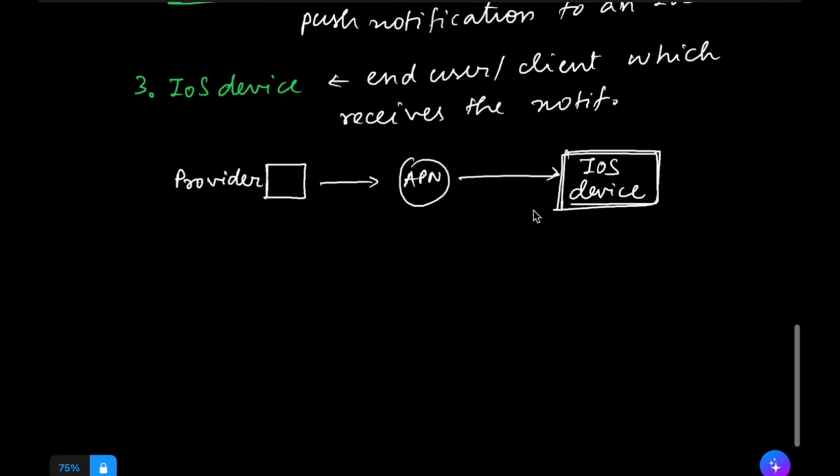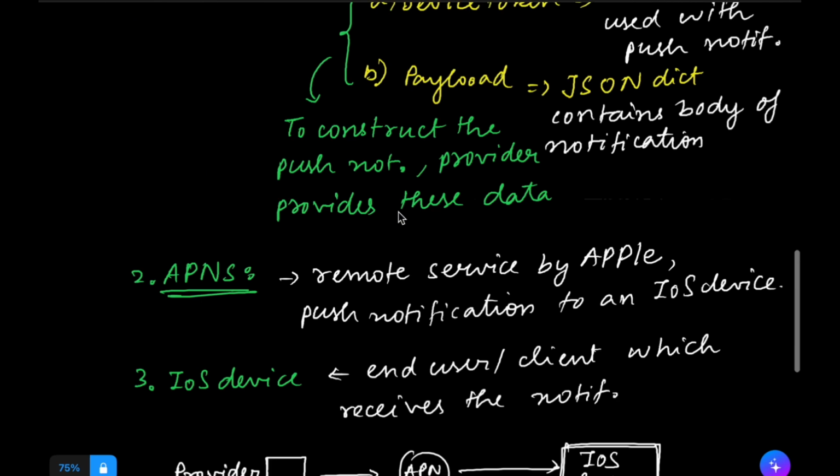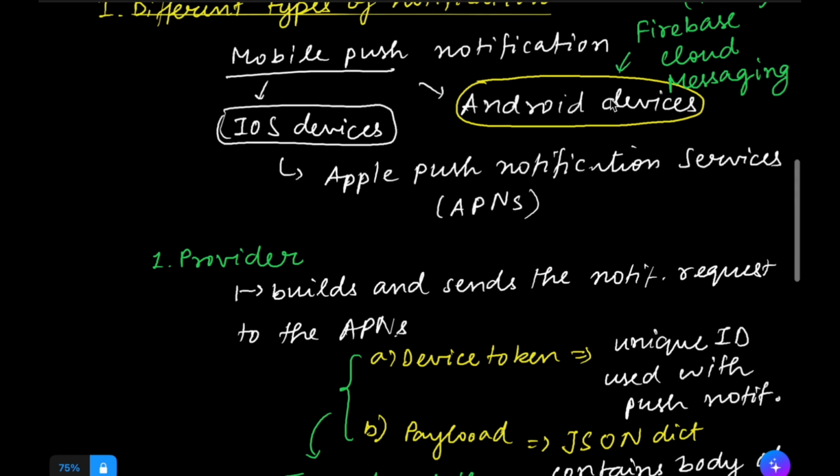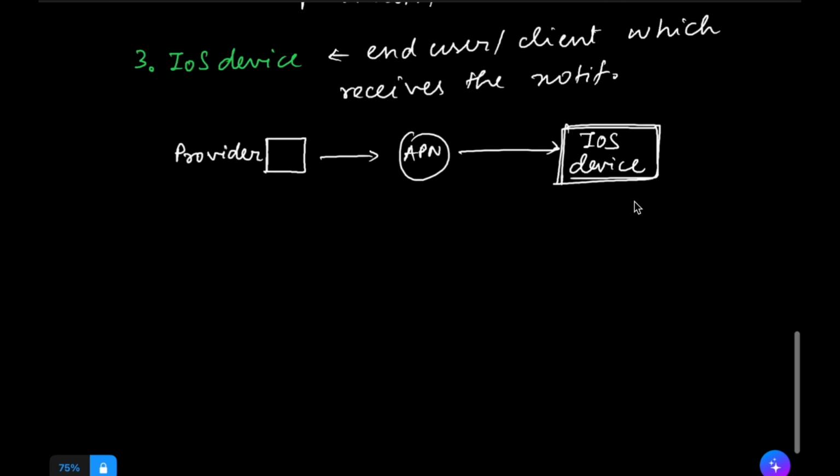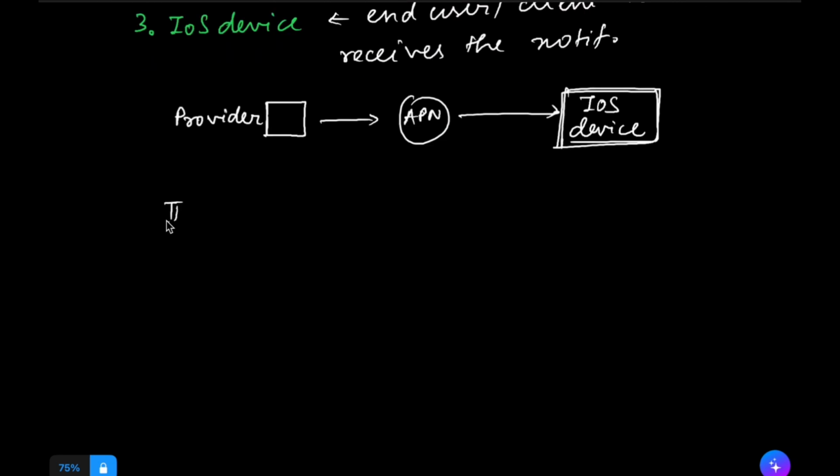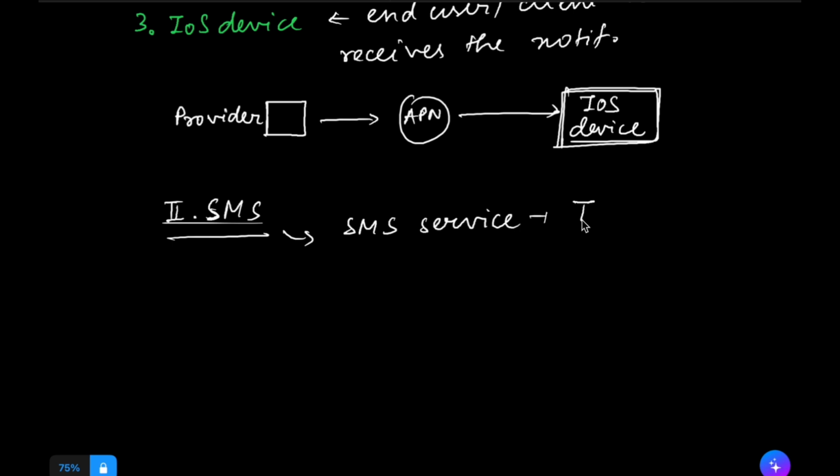We covered mobile push notification for both iOS and Android devices. The second type was SMS. For SMS we have a similar flow, but instead of an APN or an FCM, we have a third party SMS service like Twilio or Nexmo.